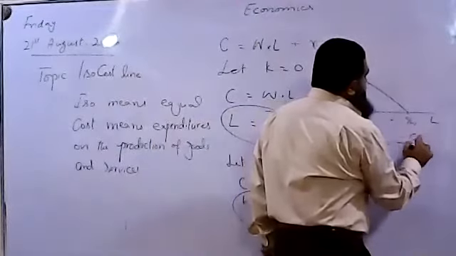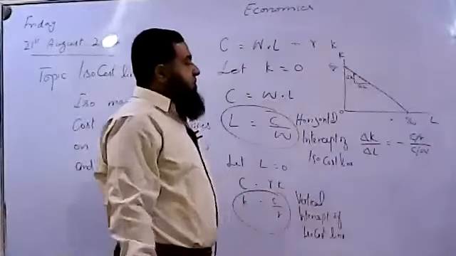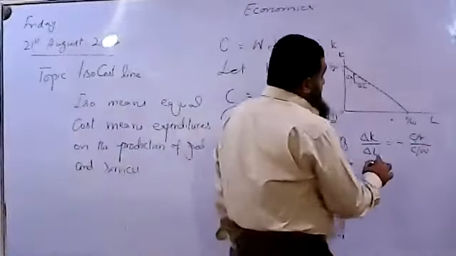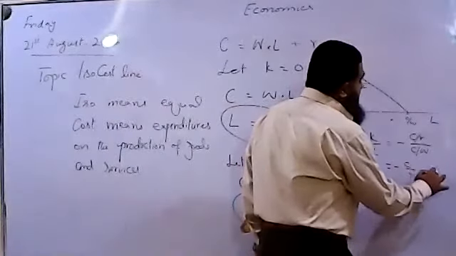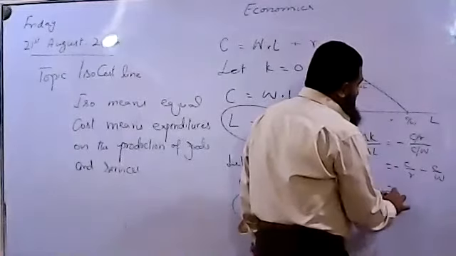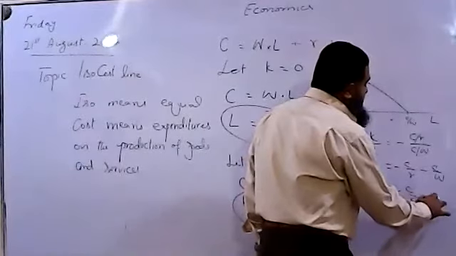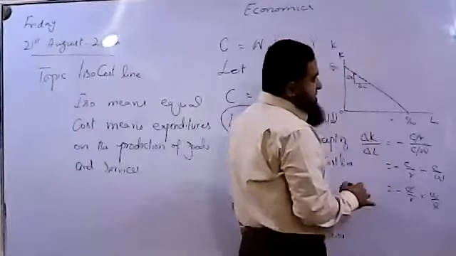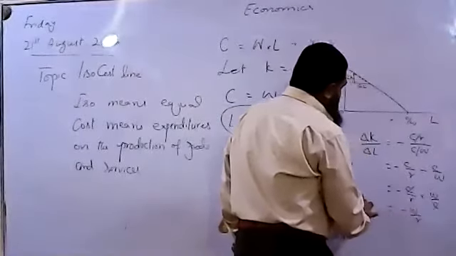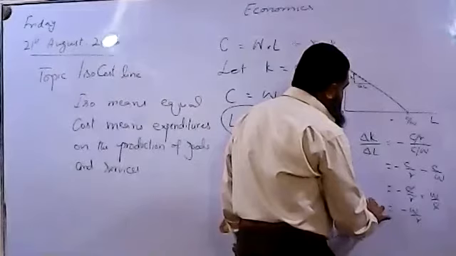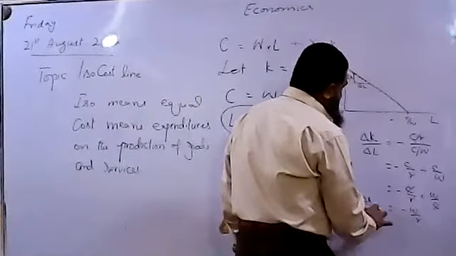C over R over C over W. So this is the double division. If we solve it, minus C over R divided by C over W. So what will be the resulting answer? That will be W over C. C is cancelled. So what is this? Minus W over R. That is change in capital due to change in labor.